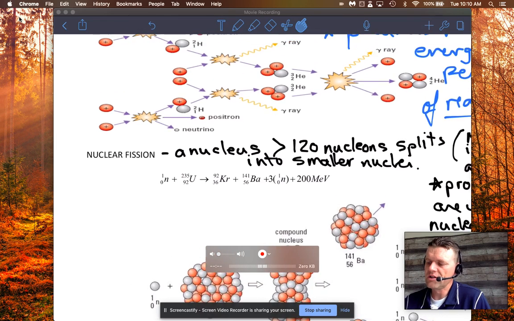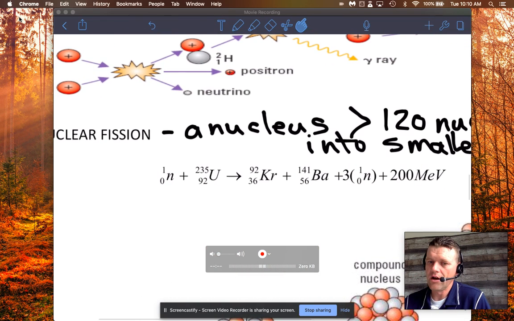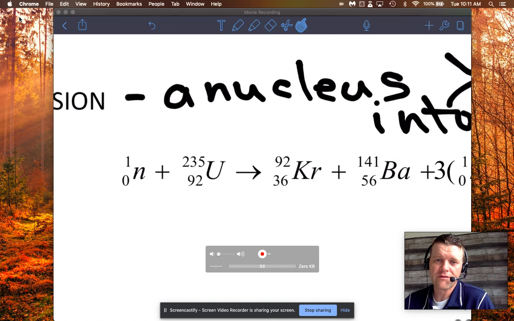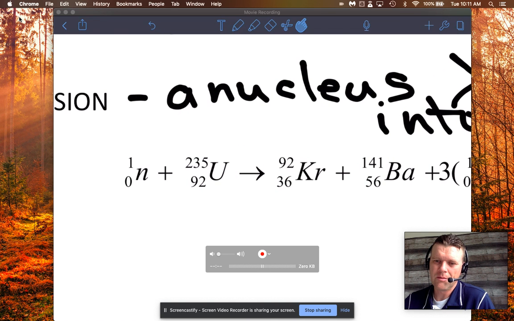This is the reaction actually that, I believe this is the reaction that happened in the nuclear bombs. Okay, you had to get refined uranium. You needed to get uranium-235, which is a little bit unstable, but it'll stick together. And then you fire neutrons into it.